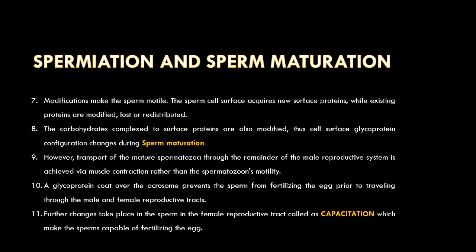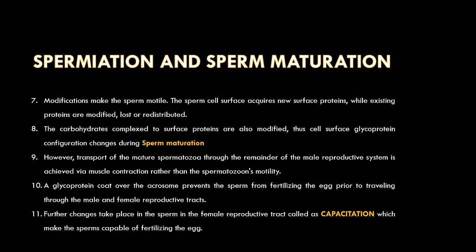So there are three terms that we have learnt about till now. First is spermiation. Spermiation is loss of extra unused residual cytoplasm and organelles from the spermatozoon. This occurs in the seminiferous tubule itself. Second term is sperm maturation.